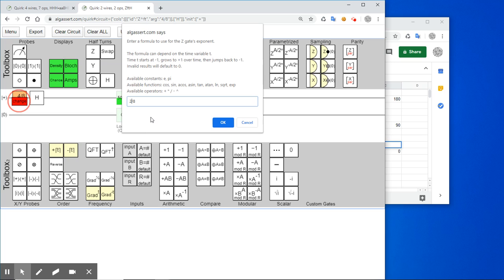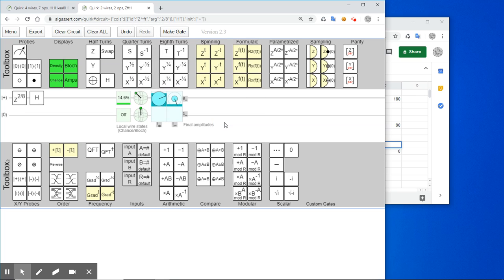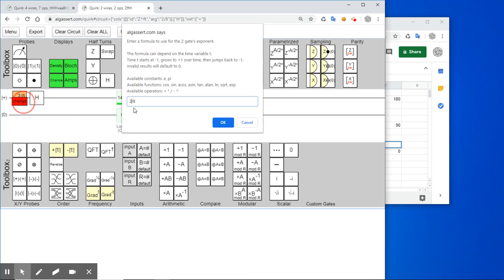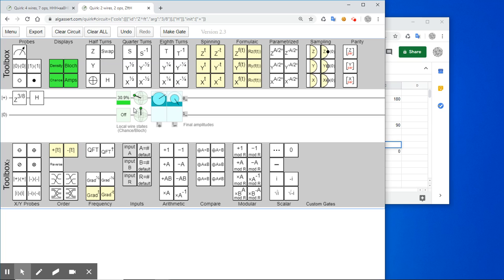If I do 2/8, okay. Okay, so it's not interesting. It's really not a direct proportion. How can I know?